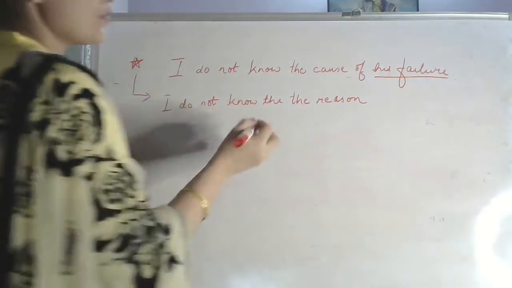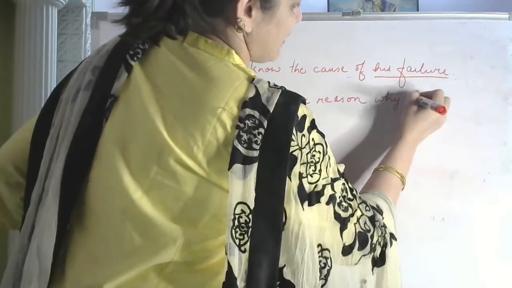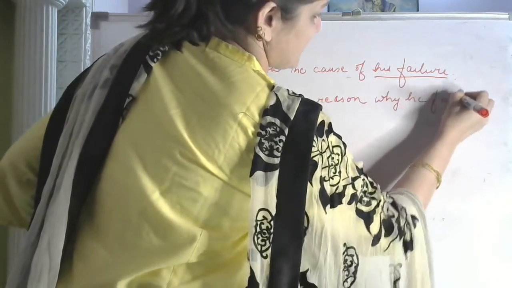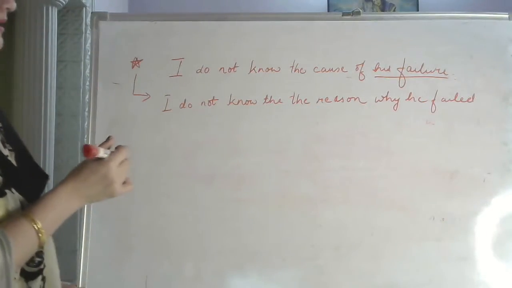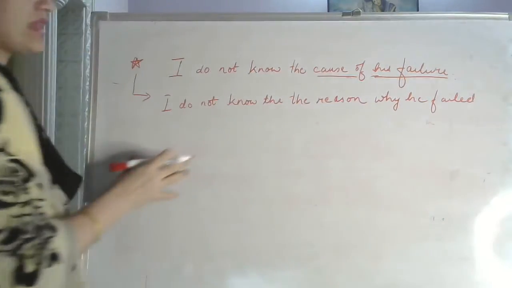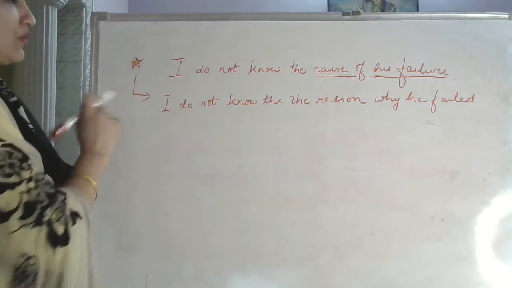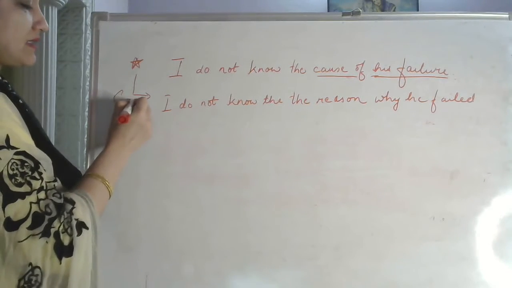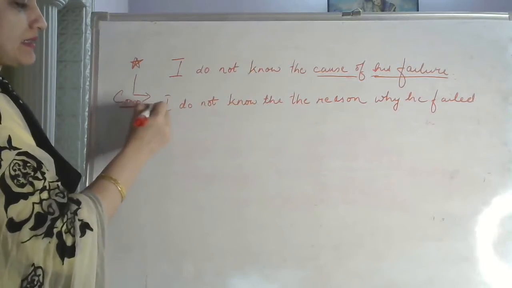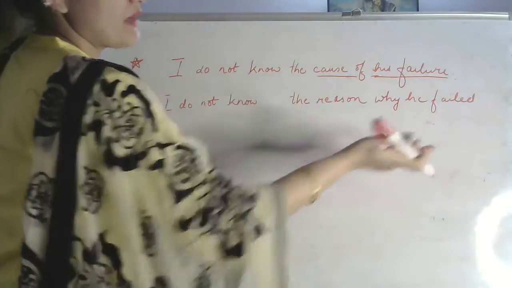I do not know the reason why he failed. So what we've done, we have expanded the words and we have changed it into a complex sentence. This is your complex sentence, right? I do not know the reason why he failed.